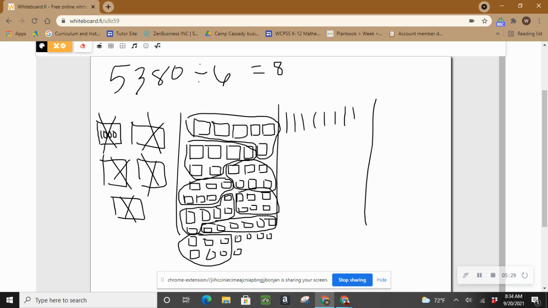So remember, one of these makes 10 of these. So this 100 is going to be crossed out to make 10. So I already have 8. 1, 2, 3, 4, 5, 6, 7, 8, 9, 10. All right.